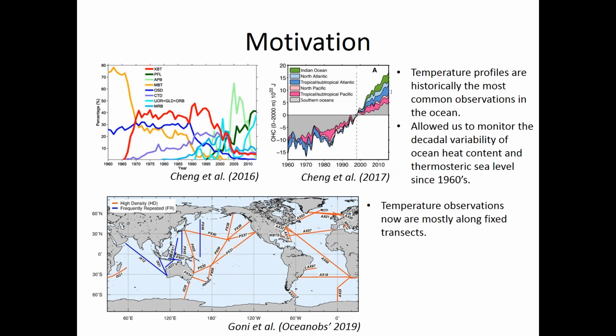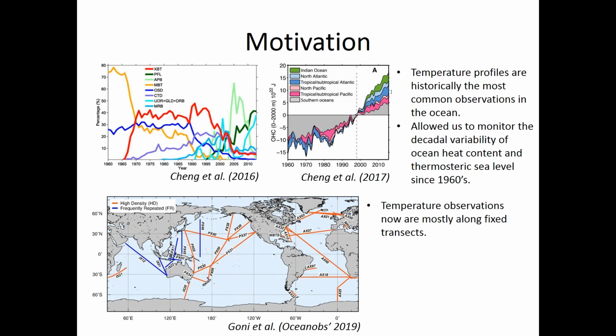We see that the XBTs start to decline, so we wouldn't need XBTs anymore to investigate global ocean heat or temperature. And we also have at some point the pinnipeds. The pinnipeds, or the mammal CTDs, especially for the Southern Ocean, also peaked at a certain point.